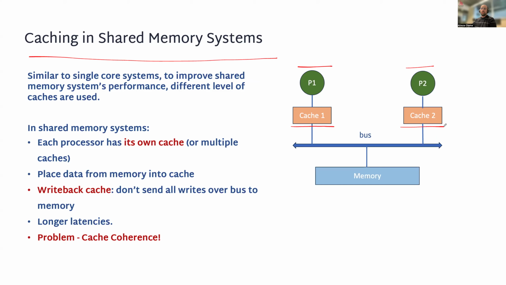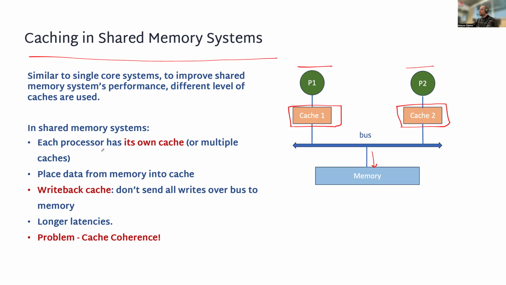We have L1, L2, and L3 cache levels, but usually the L1 and L2 caches are private to each processor. So cache 1 and cache 2 are private to processor 1 and processor 2, respectively. And finally, we have a bus that connects the processors to the main memory. So this is a very simple architecture for a multi-core system, right?